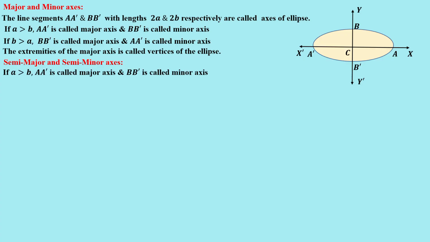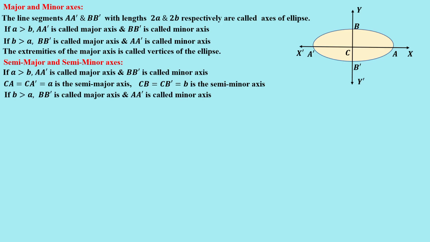Semi-major and semi-minor axis. If a is greater than b, A A dash is called the major axis and B B dash is called the minor axis. So half of that, from the center to A dash, is half of the major axis, that is the semi-major axis, which is equal to a. Similarly, CB of the minor axis, which is equal to CB dash, which is equal to b, is called the semi-minor axis.